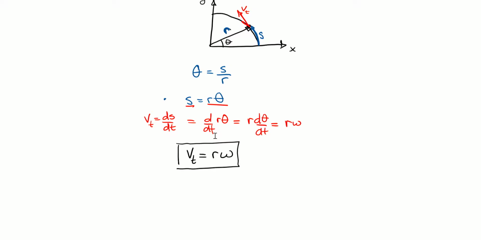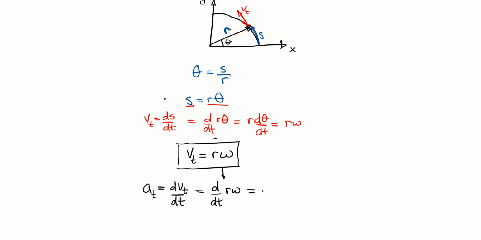And now if we wanted to know that tangential acceleration, say it's speeding up or slowing down as it moves around that circle, it's going to have some tangential acceleration, which is just how fast the speed in that tangential direction is changing. And we can do the same thing, just substitute what we now know our tangential speed is in there.